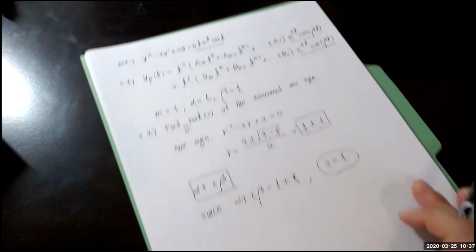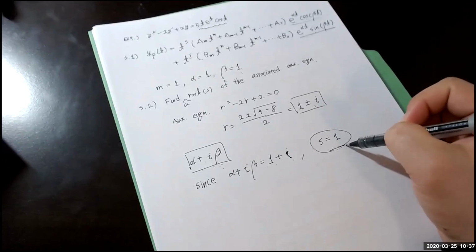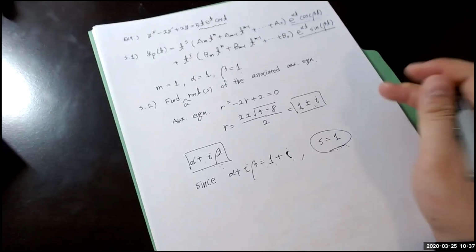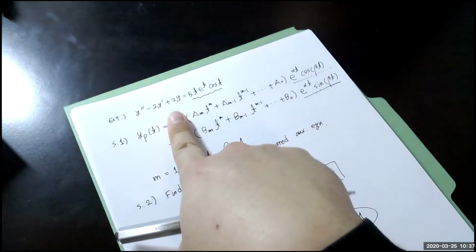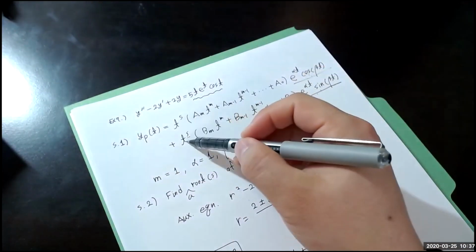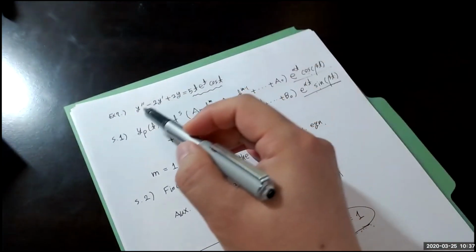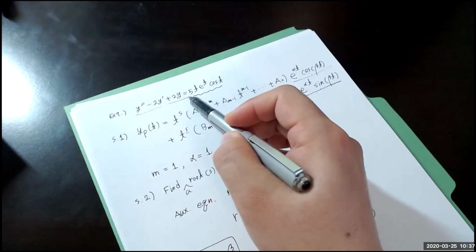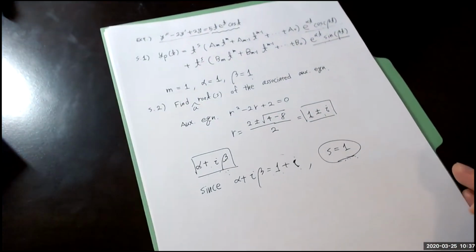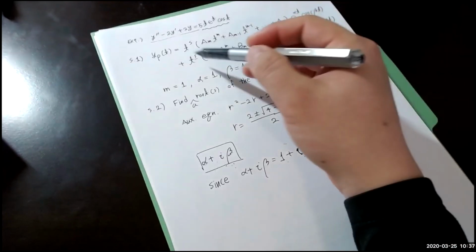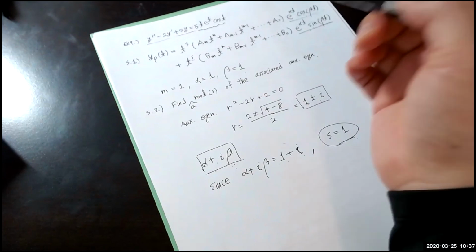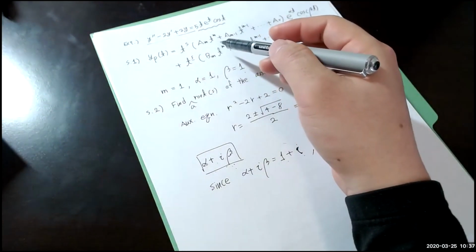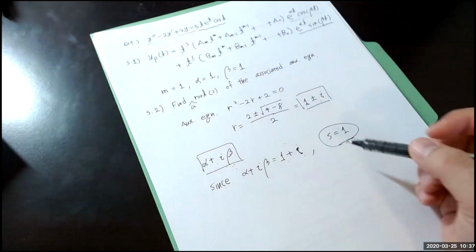That's why we put this. Without the t to the s power, this would make the left-hand side 0. It shouldn't happen. So we put t to the s power to make this not a solution of the homogeneous equation. So s must be 1.